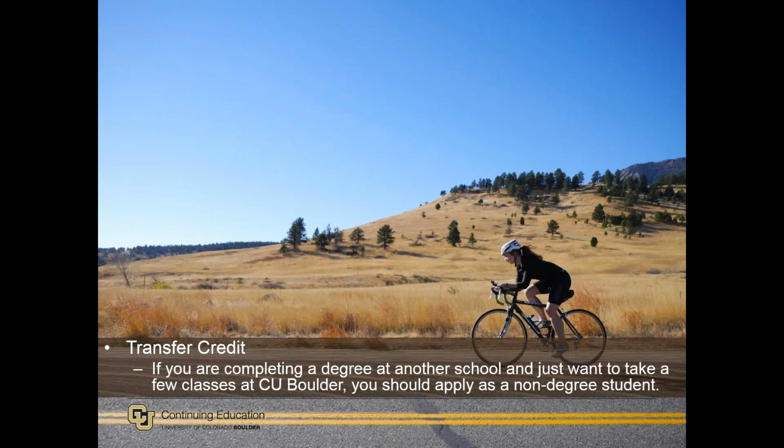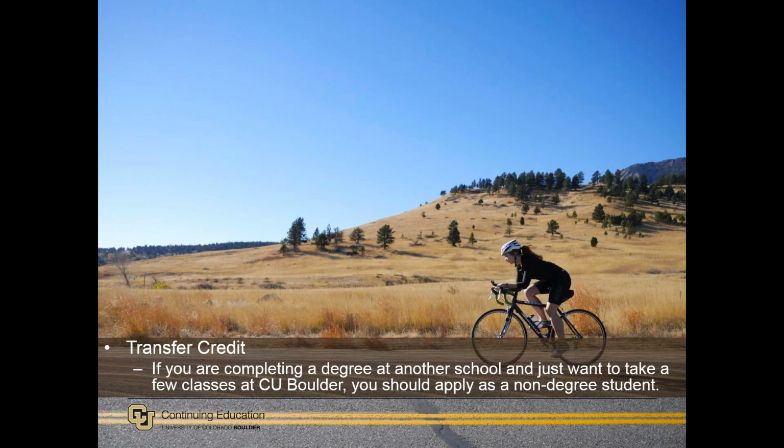Another situation where students might be considering taking courses with us is to transfer credit. So if you're looking at completing a degree at another institution and you have the opportunity to take some courses here with us at CU Boulder to transfer those back, we could certainly help you with that and talk about that process as well.